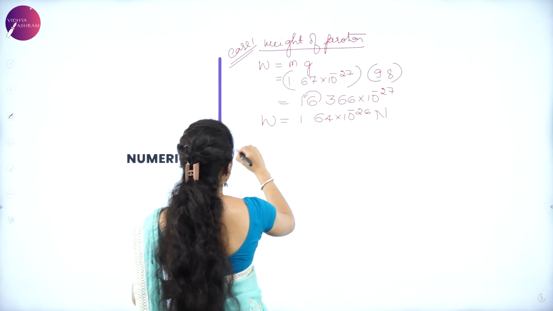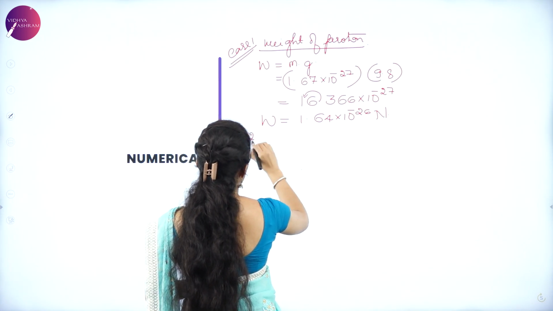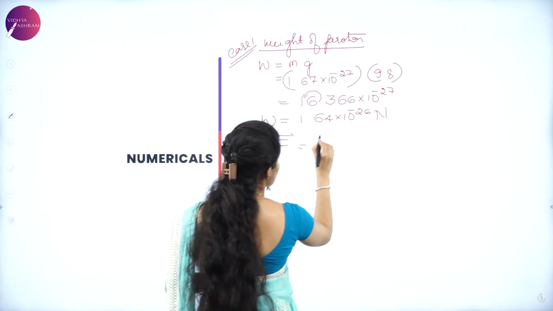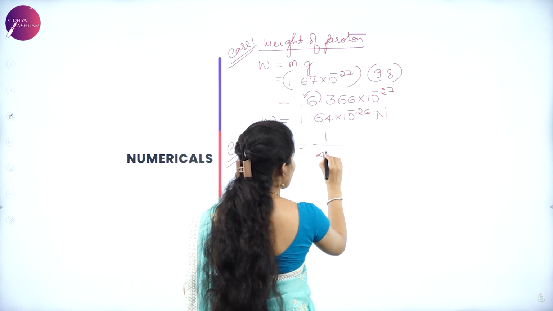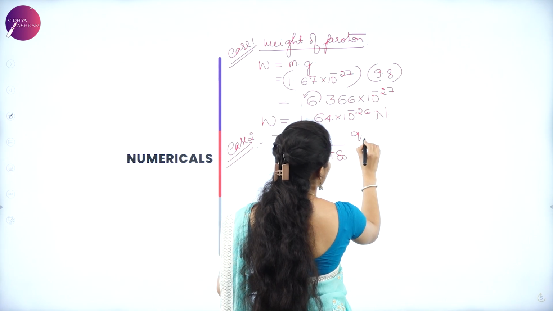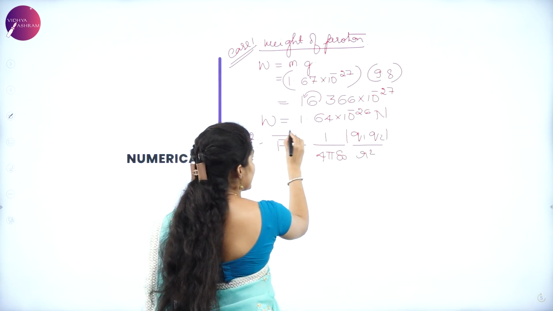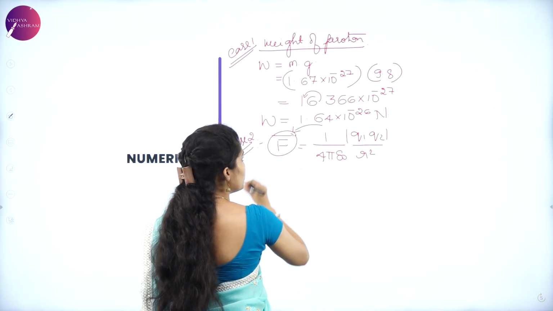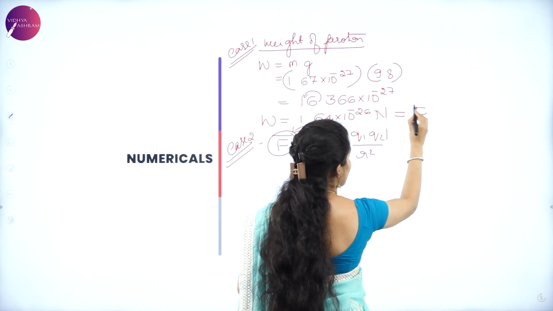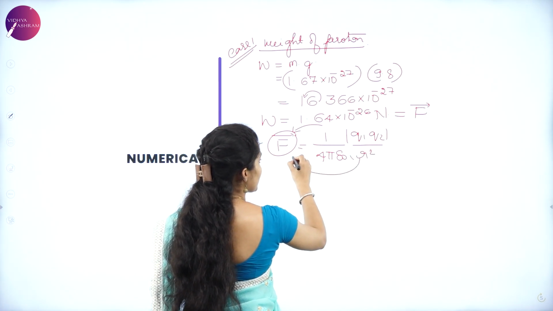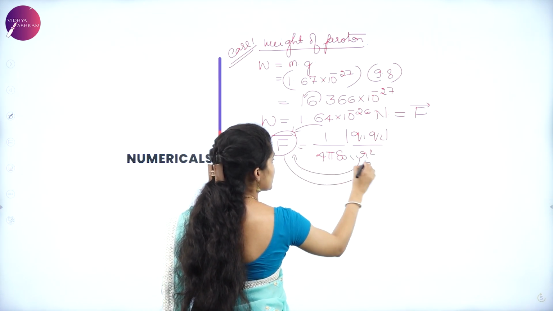So if you consider case 2, we have the formula: electrostatic force is equal to 1 by 4 pi epsilon naught Q1 Q2 divided by R square. What is the electrostatic force? It is nothing but the weight, so this can also be called the force. We have to calculate R, so you can take your R to one side and your force to the other side.